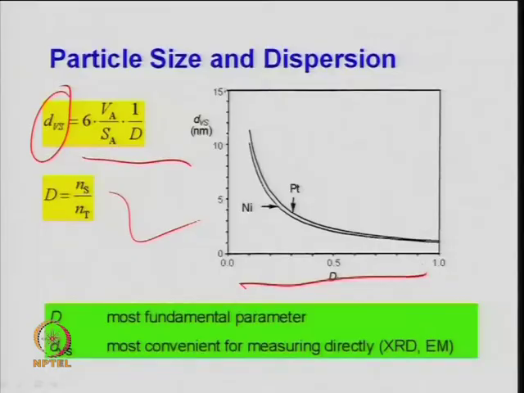So, now if you look at the particle size and dispersion, they are interrelated, right. As the dispersion increases, your crystal size is decreasing, right. In one way, if you are able to make nanoparticles, the particles will have a better dispersion, because of the agglomeration of the particle, right. Crystals are agglomerated or particles are agglomerated, this crystal size is increasing, right.